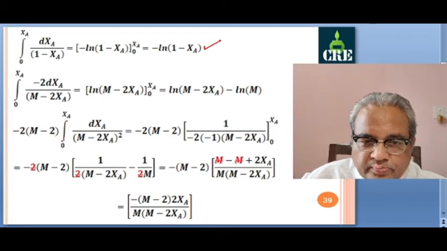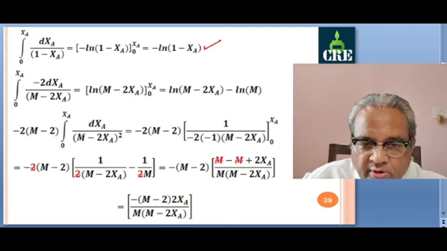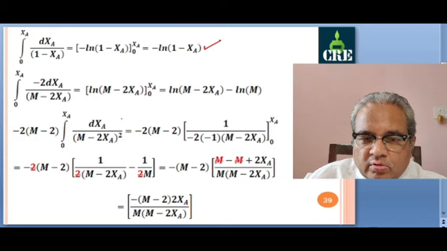Then third term, minus 2 into m minus 2. So constants, we have taken out this constant term. And in the denominator we have m minus 2xa whole square. So how will you write this? We can write this as m minus 2xa raised to minus 2. So minus 2 plus 1, that is minus 1, divided by minus 1.